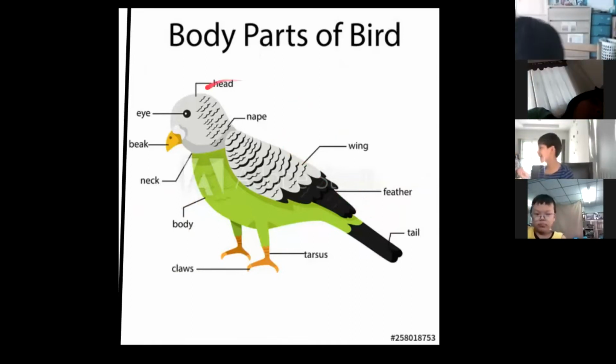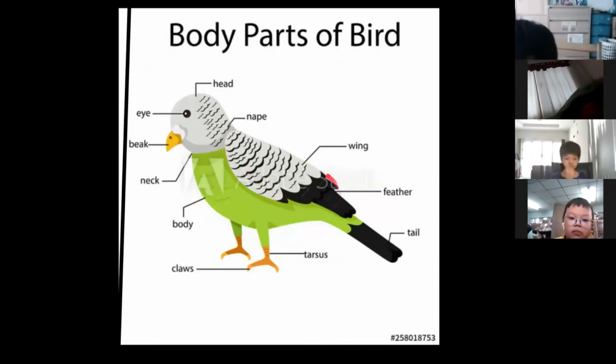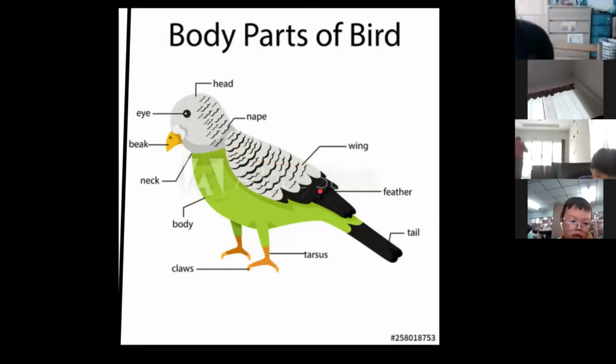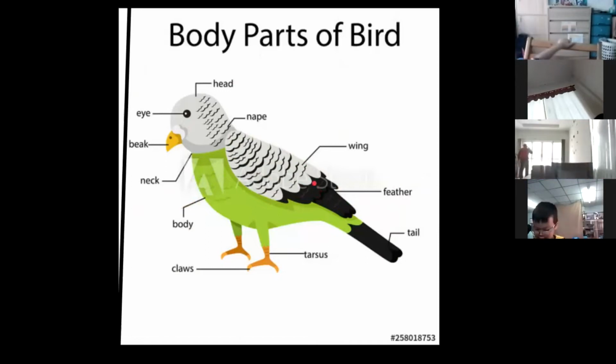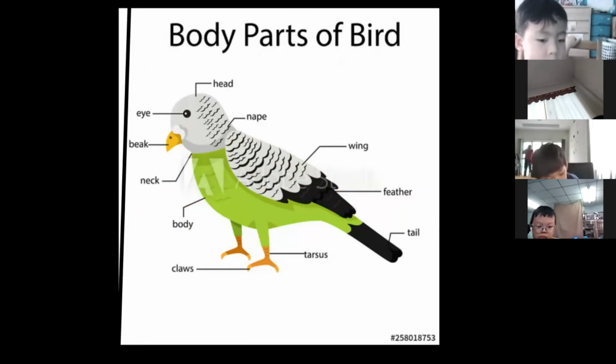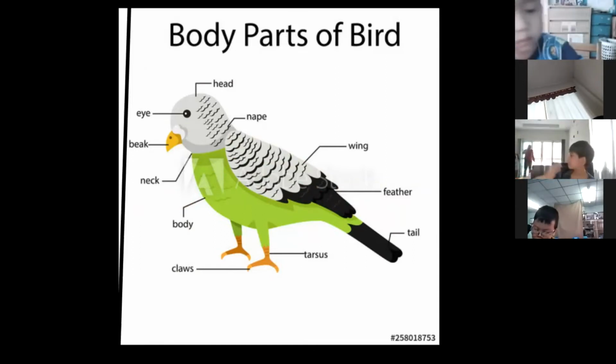Okay. Now look at the bird. The bird also has different parts. Okay. Now the first one, we have these wings. What is the wing for? Very good. So the wing of the bird helps the bird to fly. Very good. Okay.